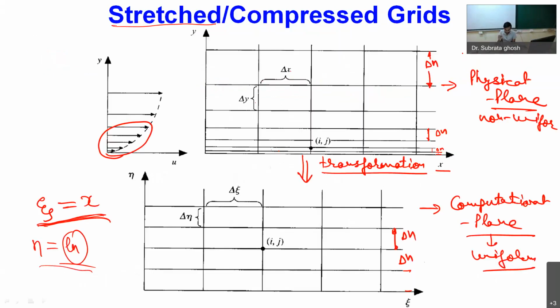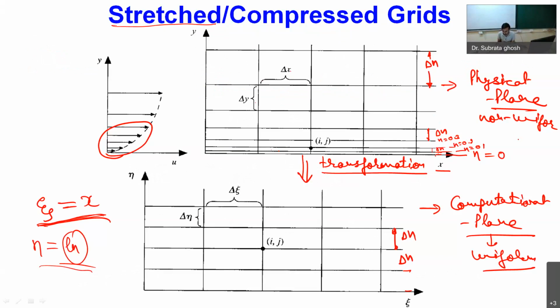To give you an idea, say this is my eta equal to 0, then I have eta equal to 0.1, eta equal to 0.2. If you see what is happening when we move away from the wall, the value of eta is increasing.